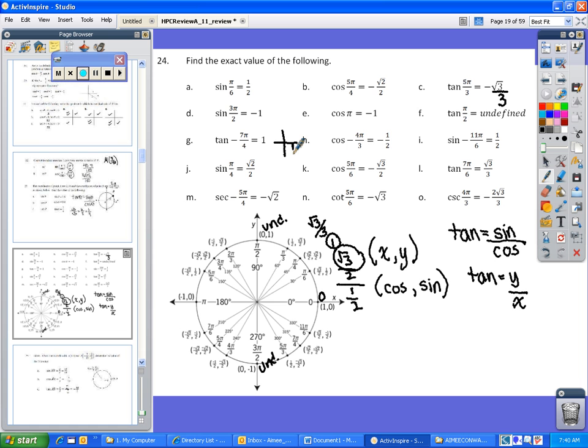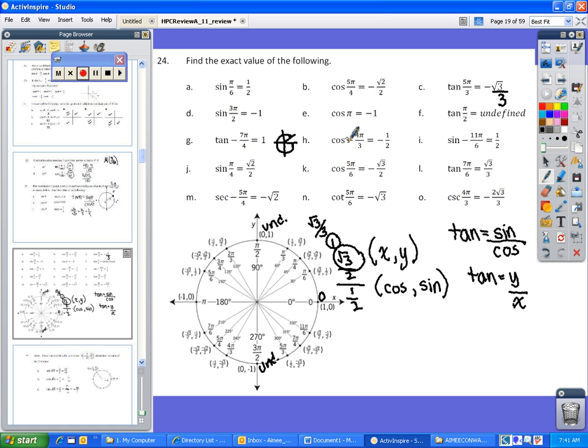I'm going to go the other direction, the same distance around, 7 pi over 4. And now instead of ending in the fourth quadrant, I end in the first quadrant. And again, 7 pi over 4 has a reference angle of 45 degrees, which is going to be the same reference angle here in my negative 7 pi over 4. So therefore, I know that my answer is 1.